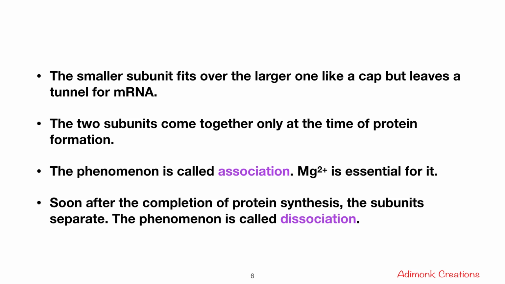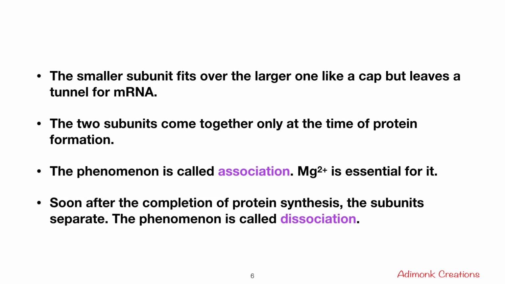The two subunits come together only at the time of protein formation, and this phenomenon is known as association. For association, magnesium ion is very essential. And soon after the completion of protein synthesis, the subunits again separate from each other.